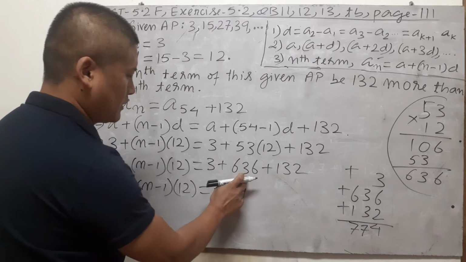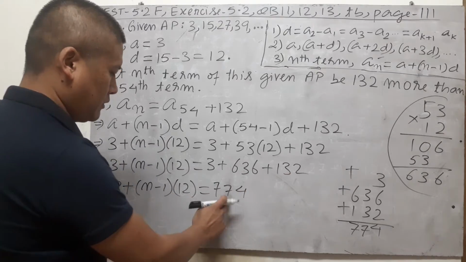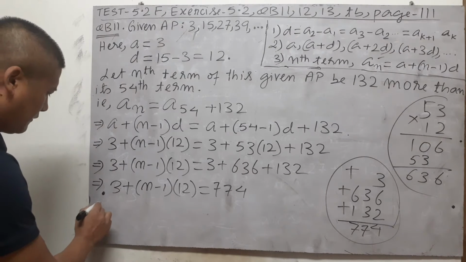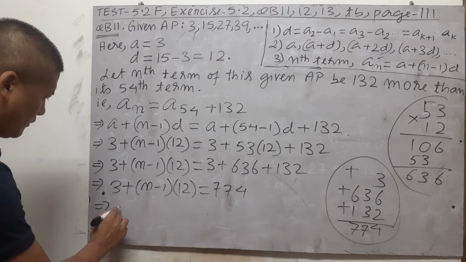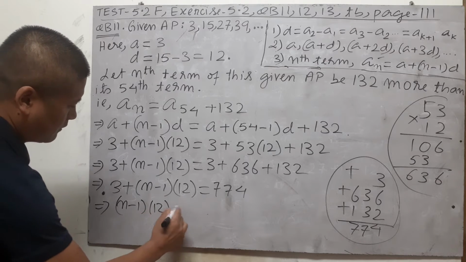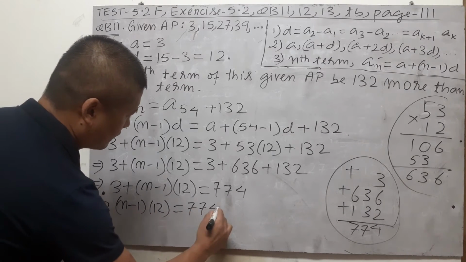So 3 plus 636 plus 132 is 774. That gives you n minus 1 into 12 will be equal to 774.